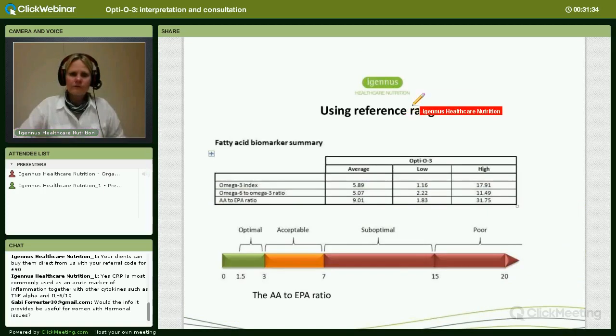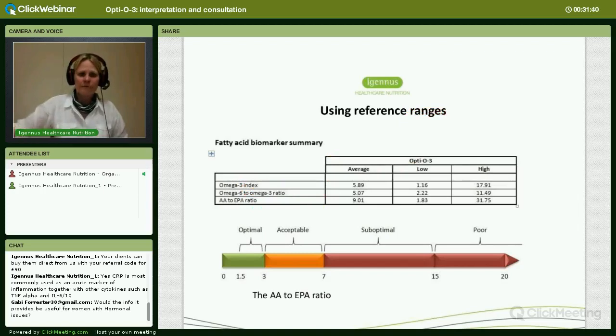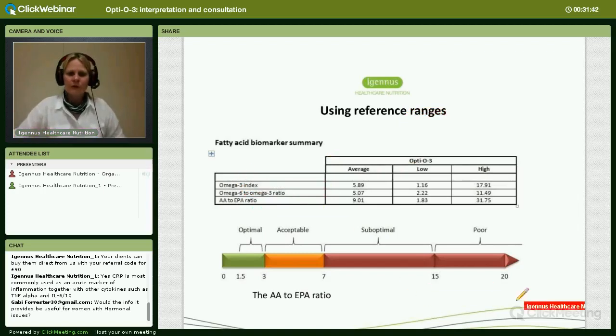If we provide reference ranges based on our biomarkers, we can start to get a little bit more information. So, for example, at the moment, our average omega-3 index is coming out at just under 6, with a low of just over 1 and a high, it's quite a remarkable one, of just under 18.